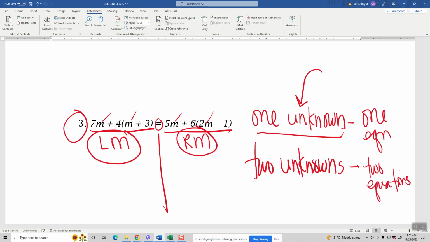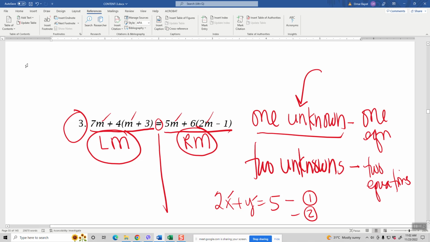So if I'm going to give you a problem, let's say 2x plus y equals 5, find the value of x and y. And then you will tell me, sir, for two unknowns, the minimum requirement for the number of equations is 2. So I cannot solve this if you are only to give me one equation. It must have another equation so that I will be able to solve for the values of x and y. Okay, will that be clear?